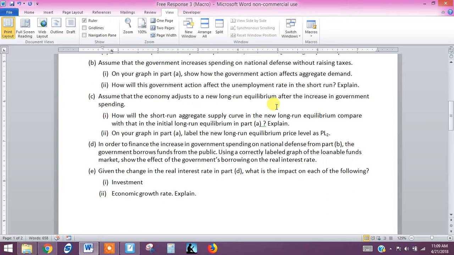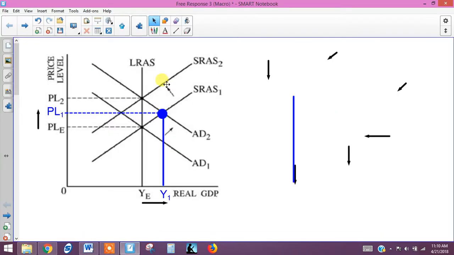What we want to show here is a shift in the short run aggregate supply. So we're going to move along the line of this AD2 from here back up to here, and we're going to end up at a new equilibrium.